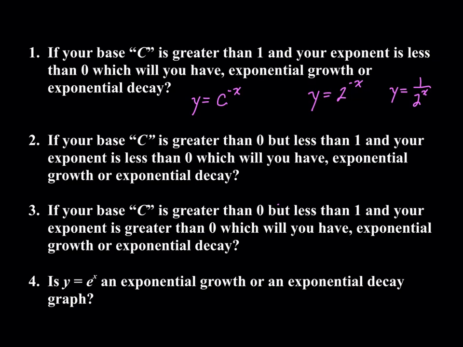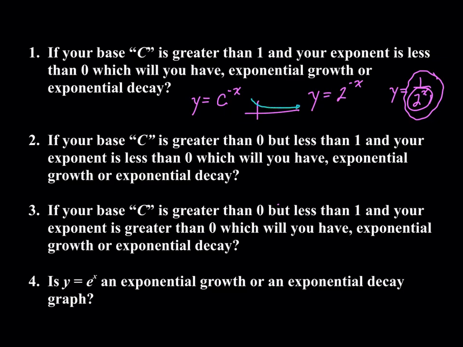Well, that means that when your x value gets bigger, your denominator is going to get bigger. And if your denominator gets bigger, the value of your fraction gets smaller. So what's going to happen is your graph is going to approach 0.